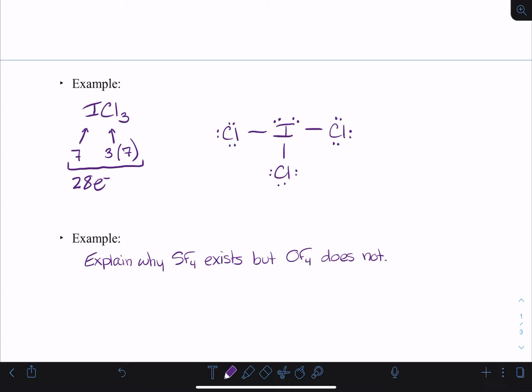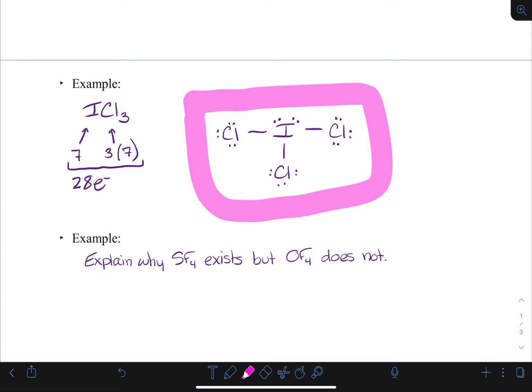Note again that this only happens to the central atom, so we can't put those electrons on chlorine here. Chlorine is capable of having an expanded octet, but it's always going to go to the central atom preferentially. So we have no other option but to have an expanded octet, but since it's iodine, that's fine.